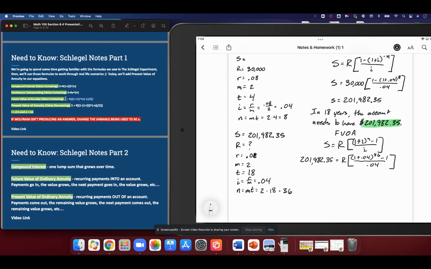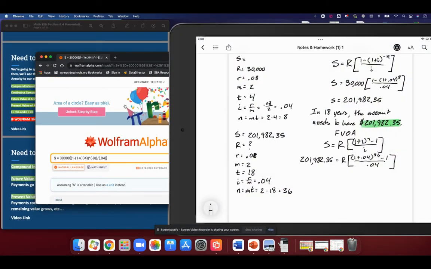Again, this is a situation where the value is going up because we are going to be making payments into it. So it's going to be future value of ordinary annuity. And we have S is 201,982.35. I is 0.04. And for our N, we have 36.